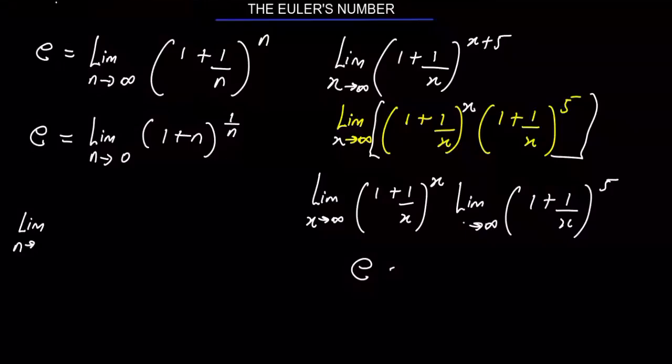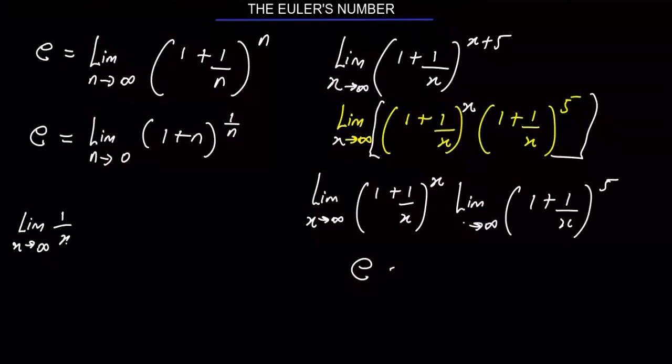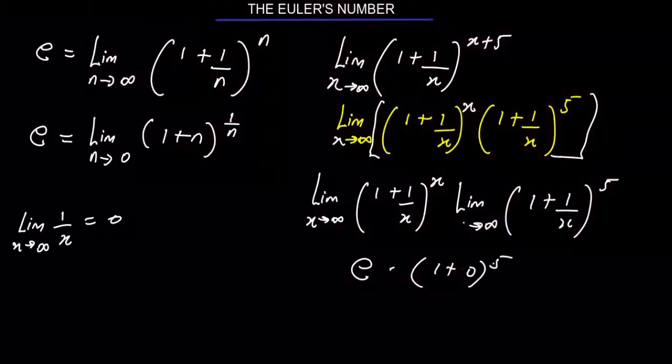Limit as x tends to infinity of 1 over x. Remember, as x goes to infinity, the whole fraction goes towards 0. So I'll be having 1 plus 0 raised to power 5. So this is 1 raised to power 5, and our answer here is e.